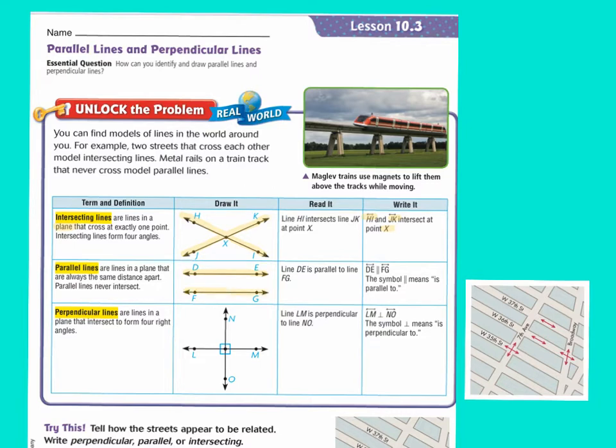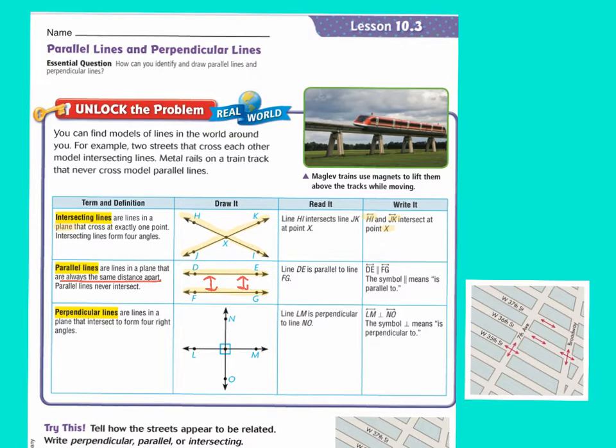And I want you to take note as well that the distance between these two lines is the same. They always remain the same distance apart from each other, which is why they will never cross or never intersect or never come to a point together. So that's a really key important part of parallel lines, that they're always the same distance apart. That's a key feature of parallel lines.